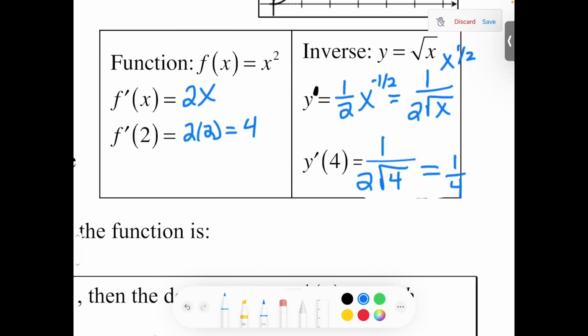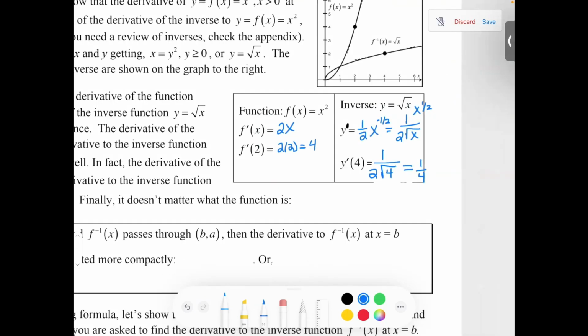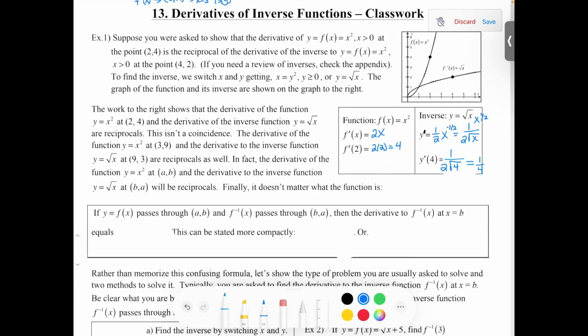The square root of 4 is 2, and 2 times 2 is 4. So we do get 1/4. So we have shown that the derivative of x squared is the reciprocal of the derivative of the inverse to that.